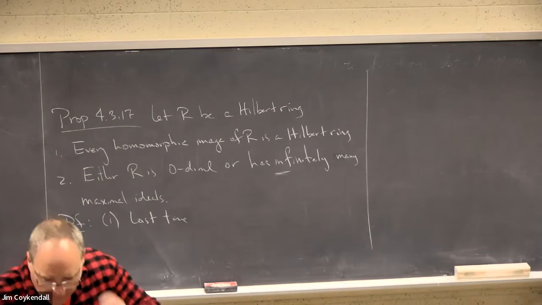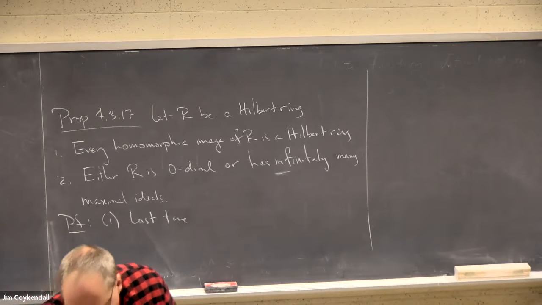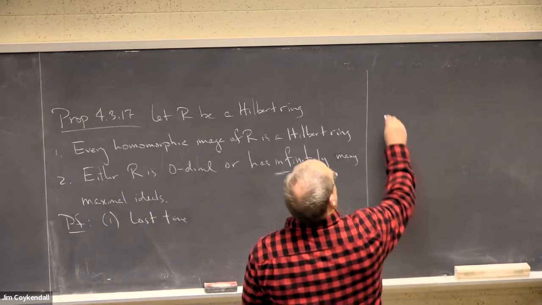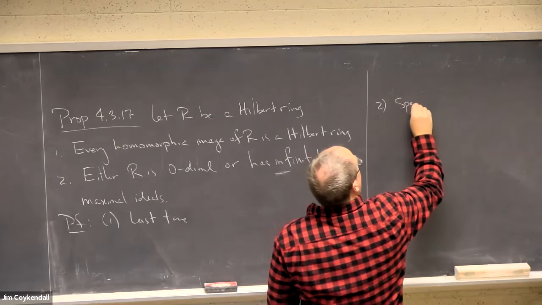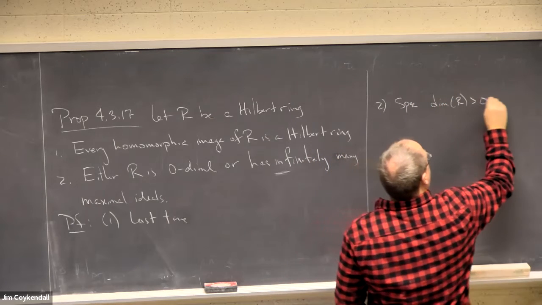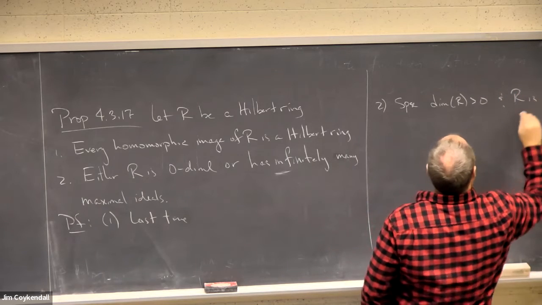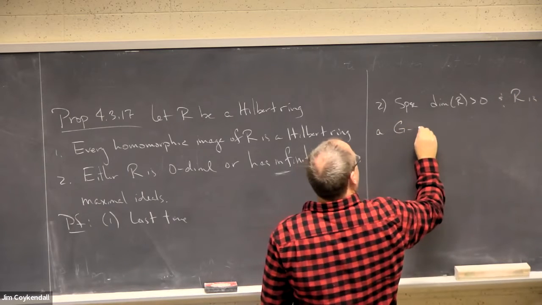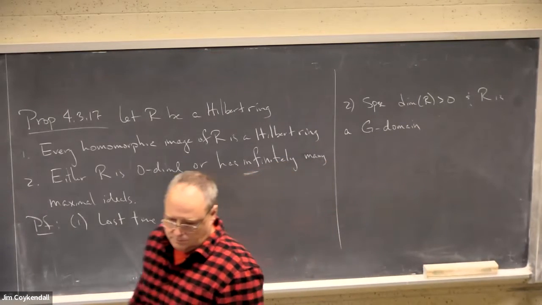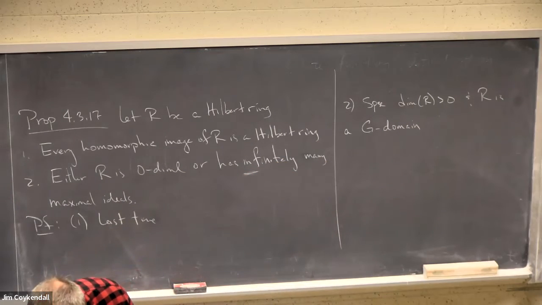So let's move on to two here. Let's suppose that the dimension of R is positive and R is a G-domain. If P is a non-maximal prime, then R mod P is a Hilbert ring.